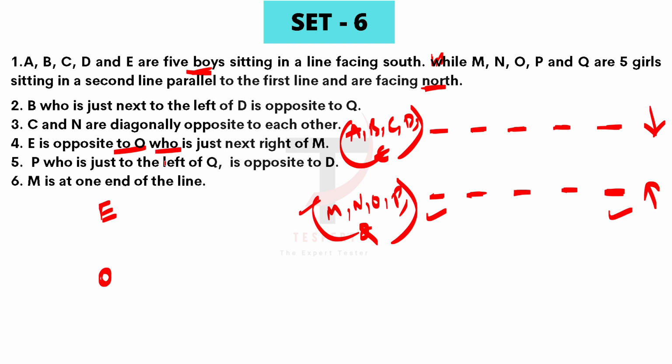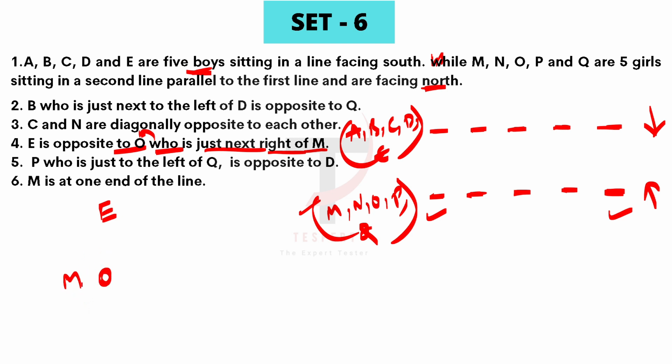So who refers to the person who is introduced to the immediate left. So O, who refers to O. Alright. So E is opposite to O and O is just next right of M. So M is here. So O is to the right of M, which means immediate right of M.